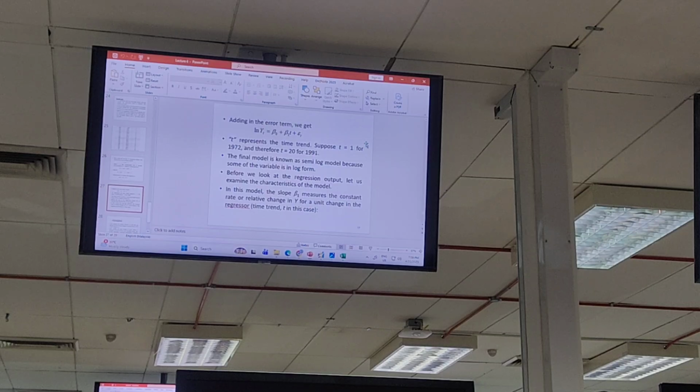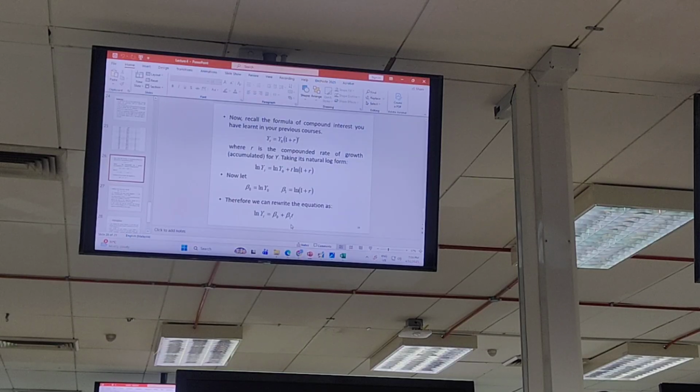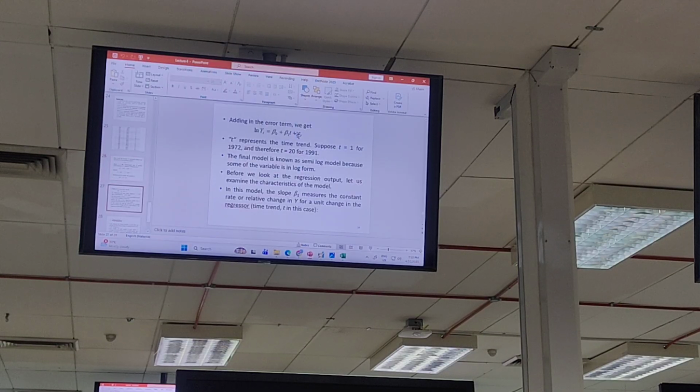So adding in the error, we get what we call a mathematical model. Even in the first lecture we discussed the mathematical model. After we add this, we know that we won't get exactly the same value on the right hand side and the left hand side of the equation. So you will have an error term.